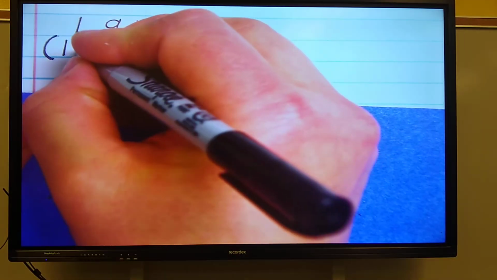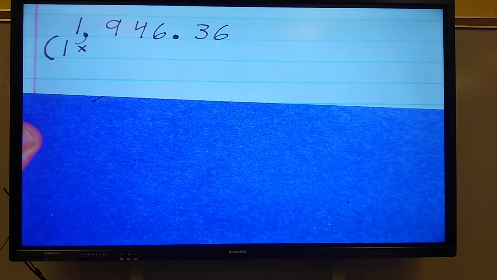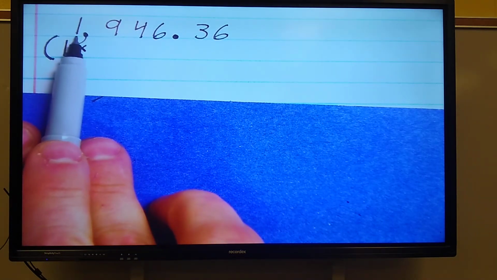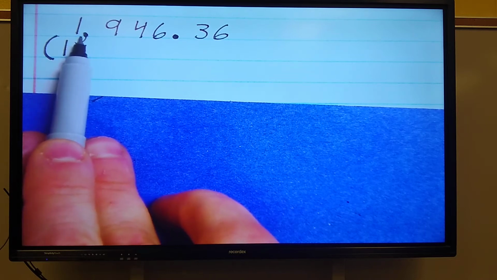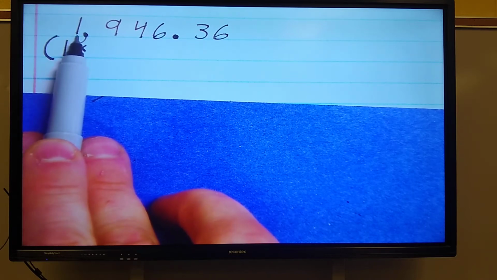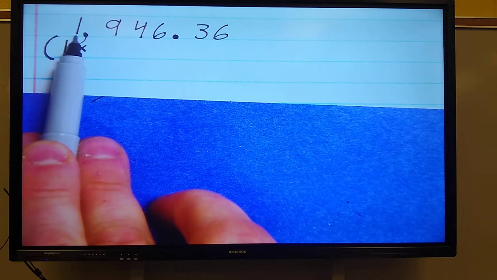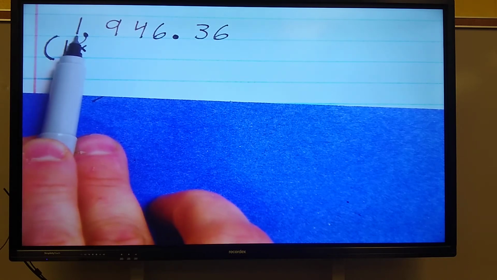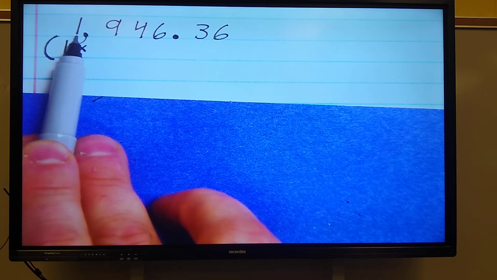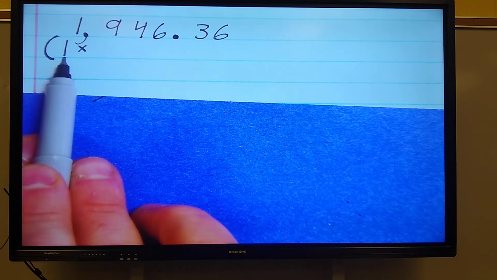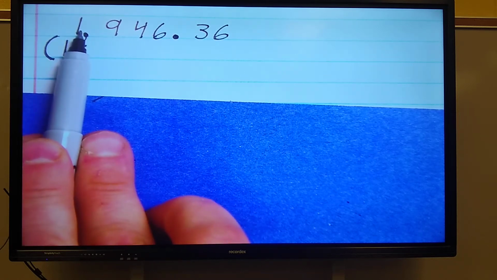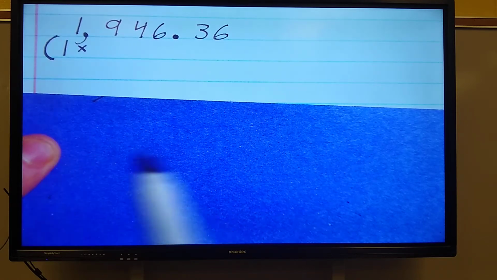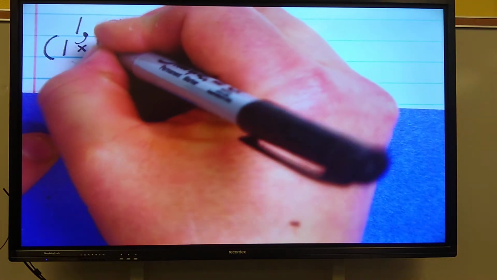And then you put a multiplication symbol. Now, you got to think, what is the place of this digit? The 1 is in the thousands place. Now you got to think, well, what is the value of the digit? The value is 1,000. So, 1 times, it's in the thousands place, so 1 times 1,000.